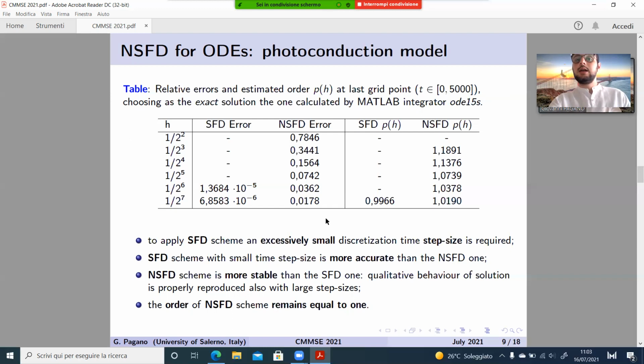That is less accurate than the standard scheme, but it provides a qualitatively good solution also for bigger step sizes, for larger step sizes, and therefore it is more convenient.